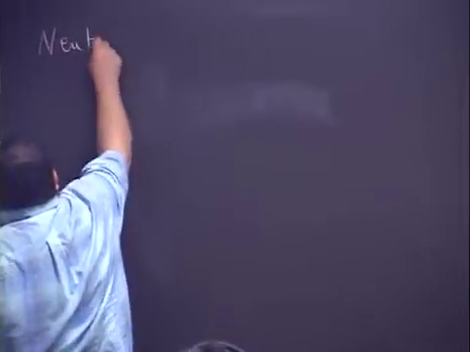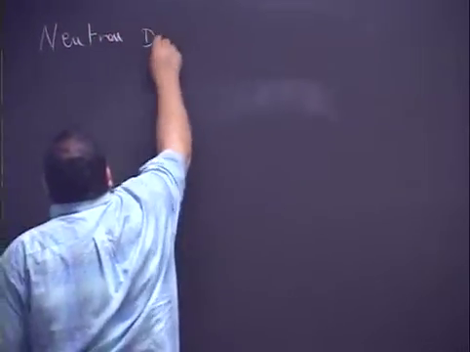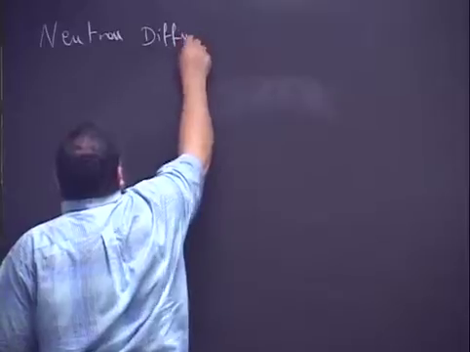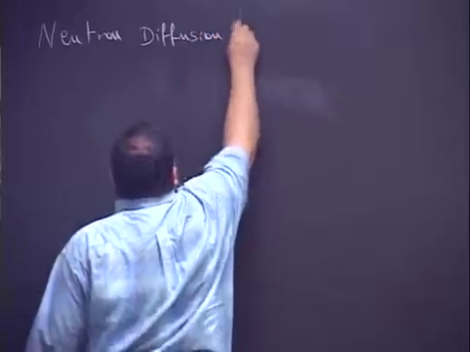This is the kernel, and you can use it to calculate the flux for any distribution. So today let's talk about the neutron diffusion length.